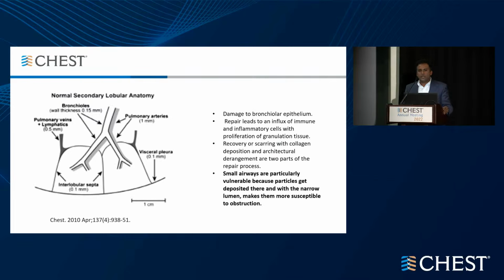Okay? Now, when I talk about the secondary pulmonary lobule, the most basic unit on a chest CT scan, as we are seeing here, the smallest measurement is usually between 1 to 2.5 centimeters. And what is inside, as we discussed, is the bronchiole, which is accompanied by the pulmonary artery and the lymphatics.